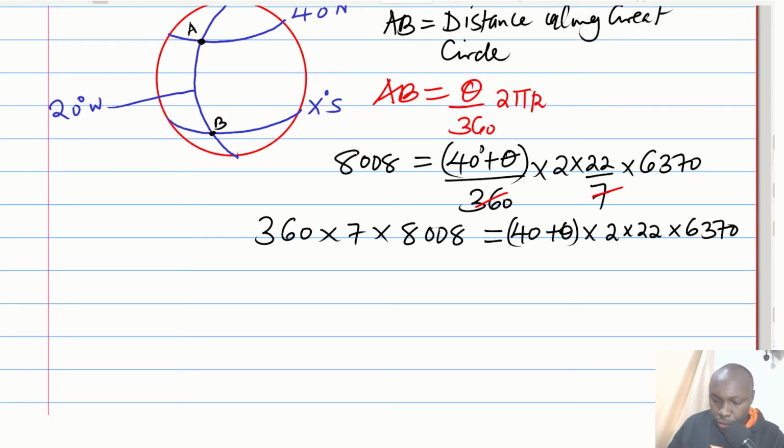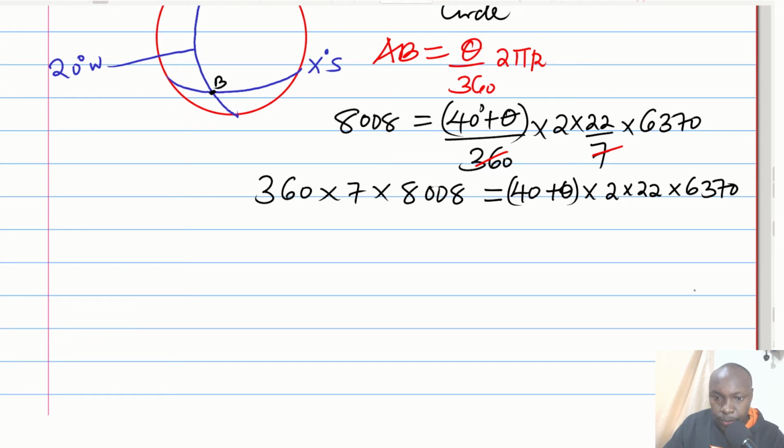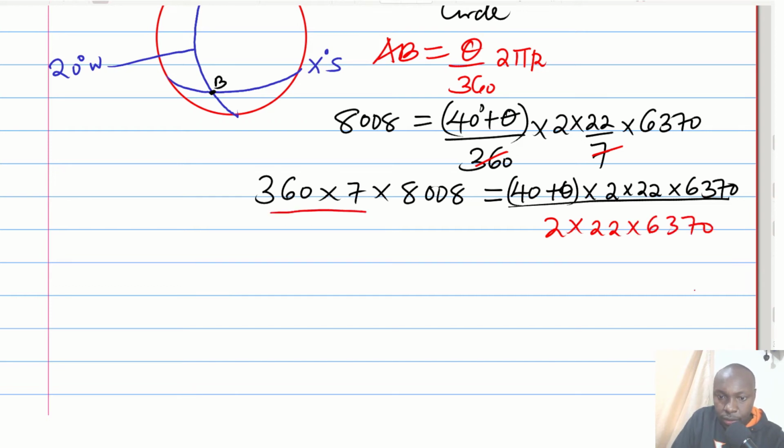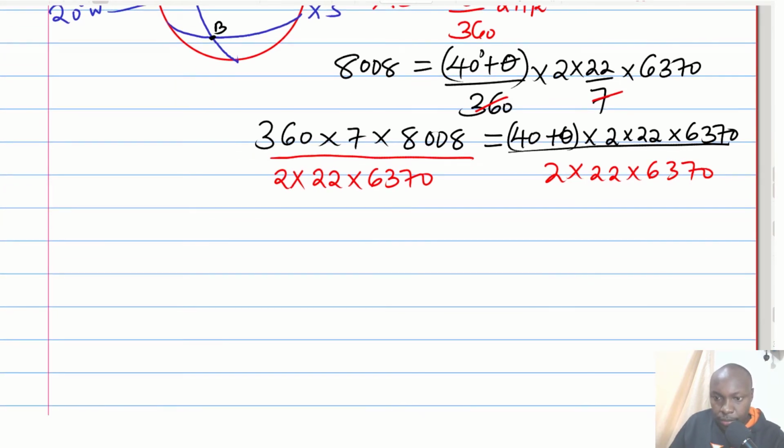Now the next thing I'm going to do is to divide everything by 2 times 22 times 6370. When you do that, you will be left with 40 plus theta on that side.